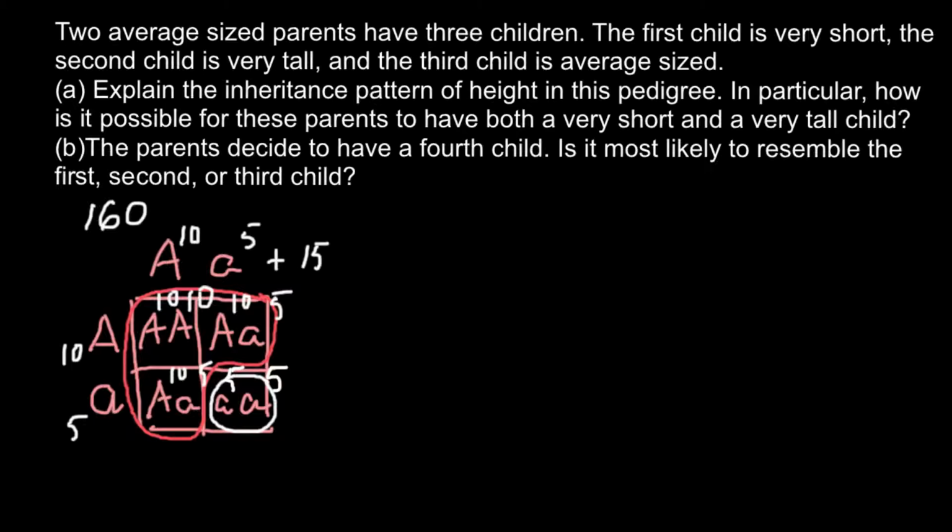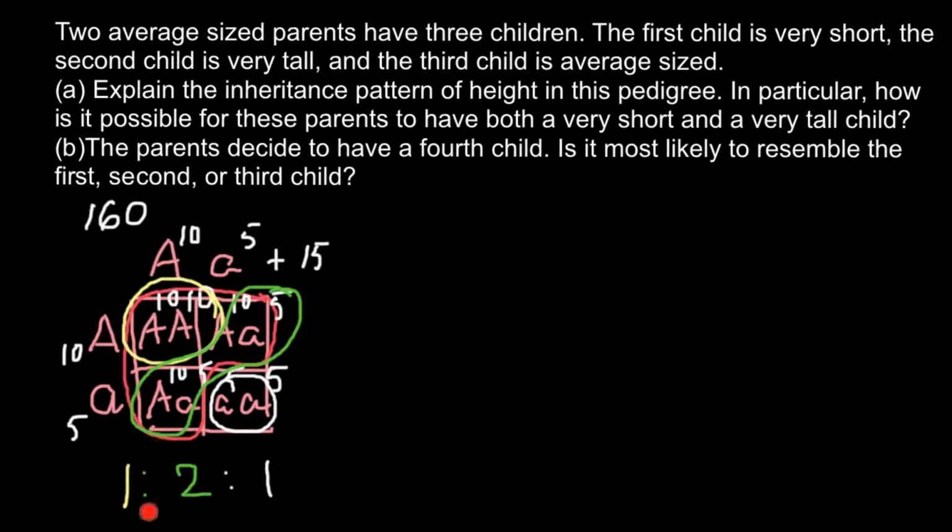So we have, as you see, a distribution of the traits as follows. We have one genotype that is very tall, one that is very short, and one that is average. Sorry, not one, two. So the distribution is 1 to 2 to 1.